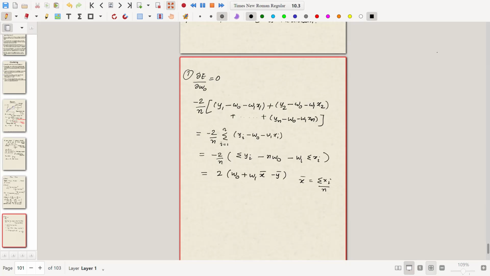Now you see, you know x bar and y bar from the set of data points, but you don't know w naught and w1. It is giving you an equation in terms of w naught and w1.